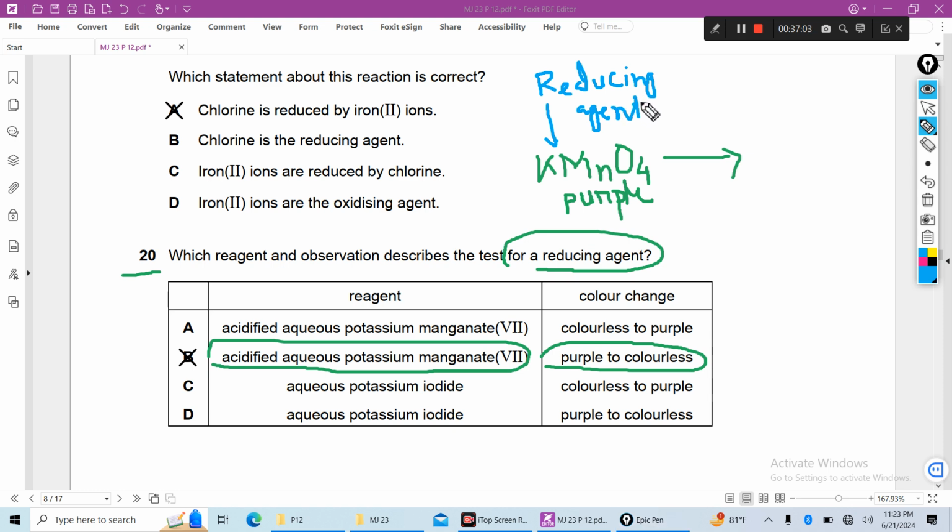Reducing agent turns potassium permanganate into manganese 2 ion. Manganese 2 ion is colorless.